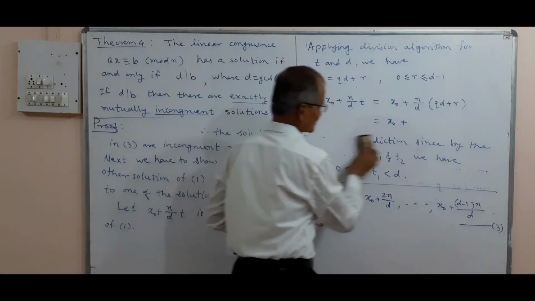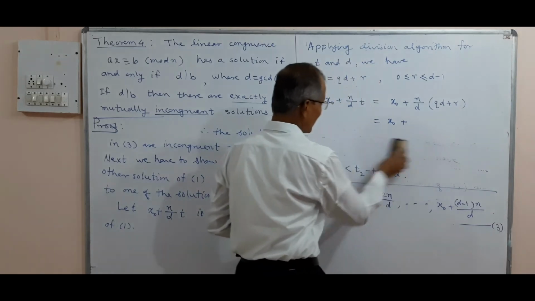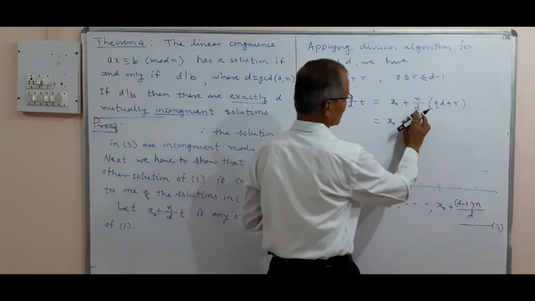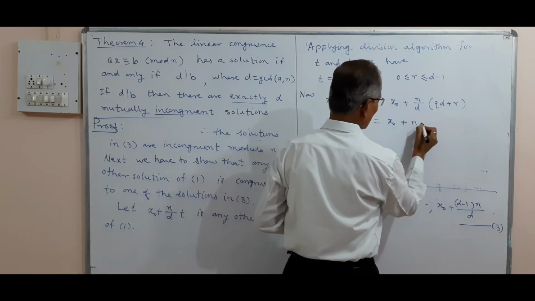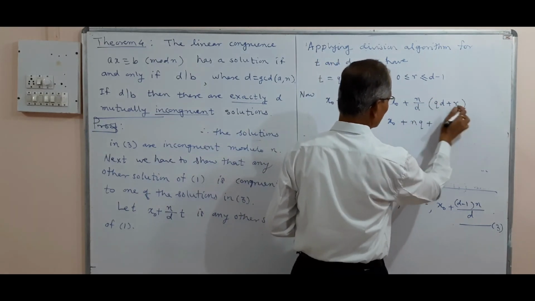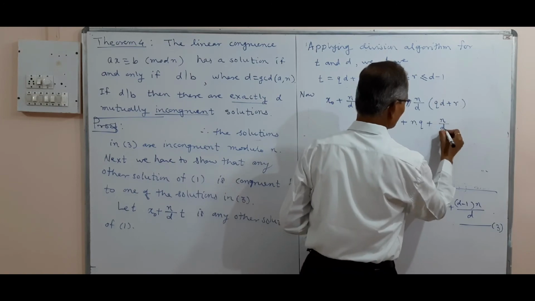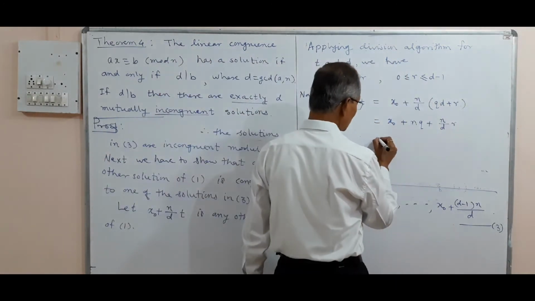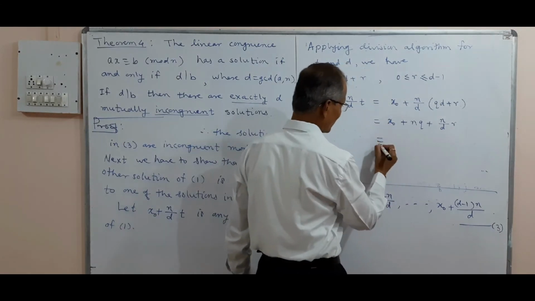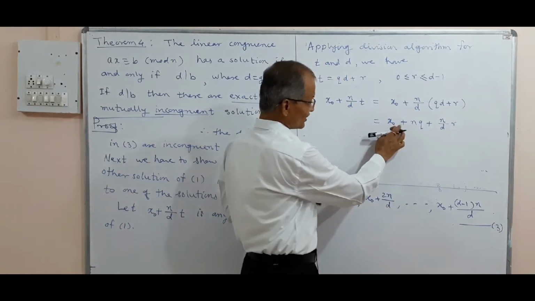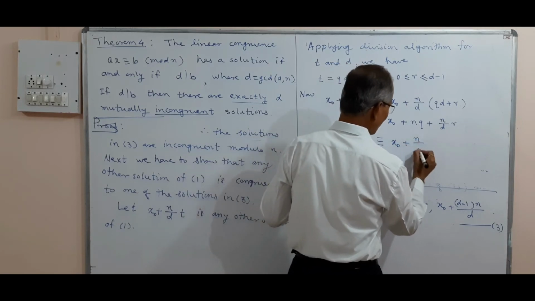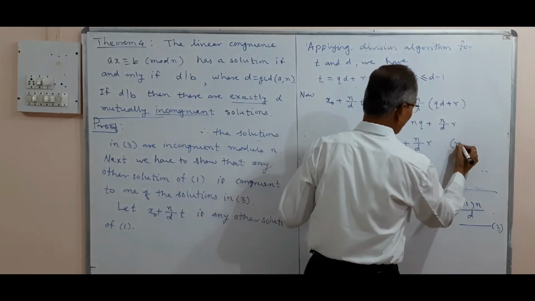And now what this gives is n by d into qd, d cancels in the product and we get nq plus n by d into r. Check it. And now this is congruent, that means this number is congruent to x naught plus n by d into r under modulo n.